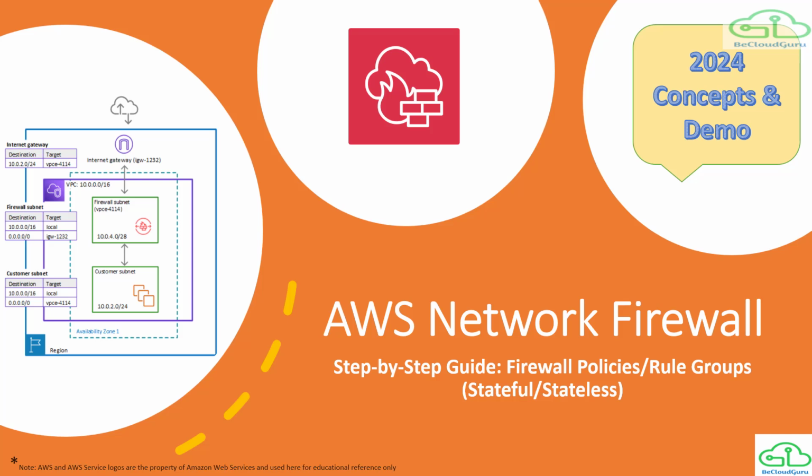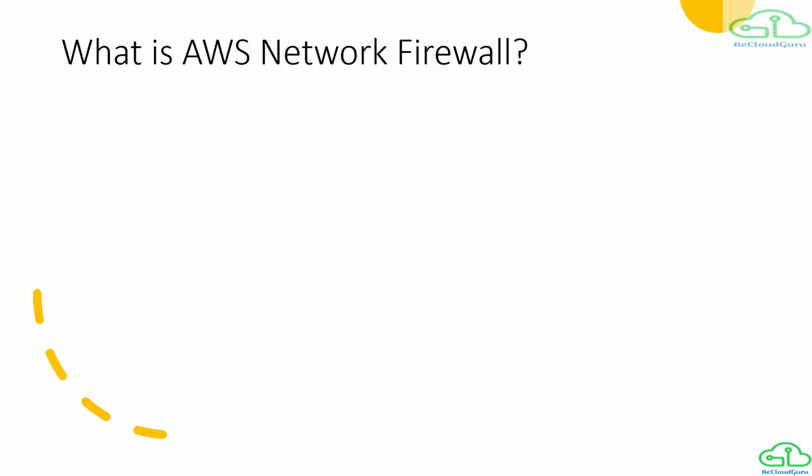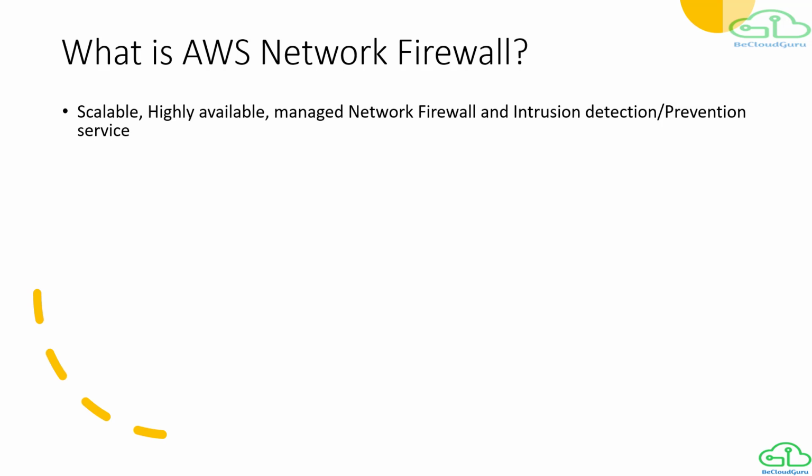So basically, AWS Network Firewall is a highly scalable, highly available, and managed network firewall. It's very important to understand it's a managed service which is highly available. When we talk about availability, it gives you 99.99% availability, four nines, which is the availability AWS promises. It's highly scalable.